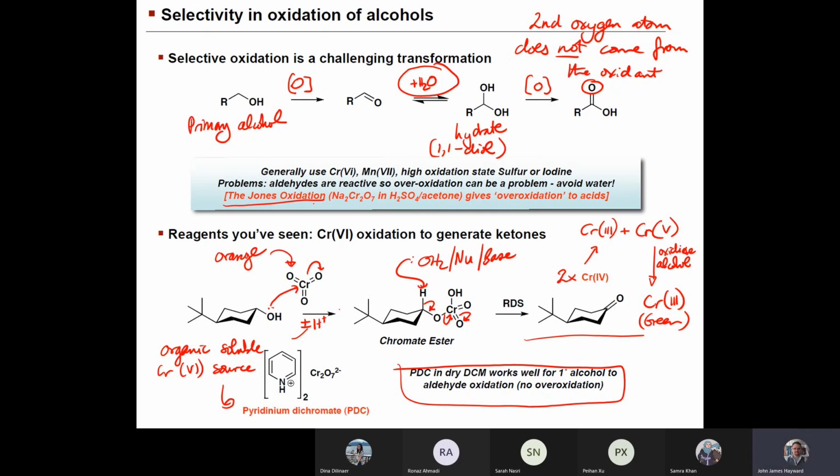Okay, there are other equivalents. You can use pyridinium chlorochromate rather than pyridinium dichromate, but it's the simplest way to oxidize from a primary alcohol to an aldehyde. Okay, just remove the water, remove the second oxygen.